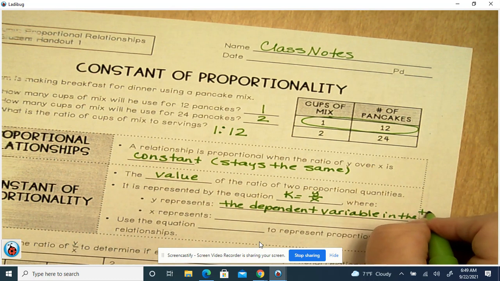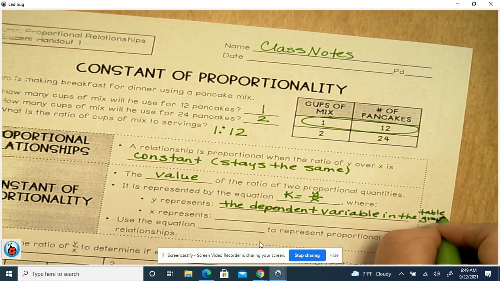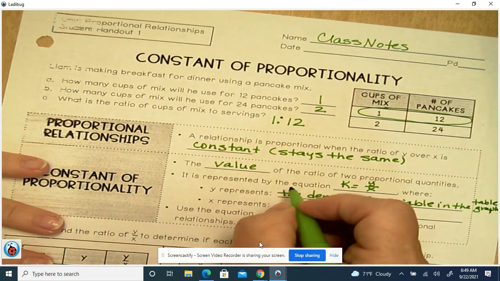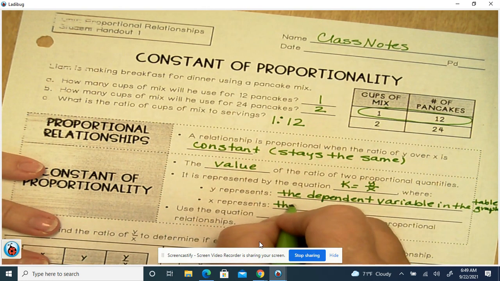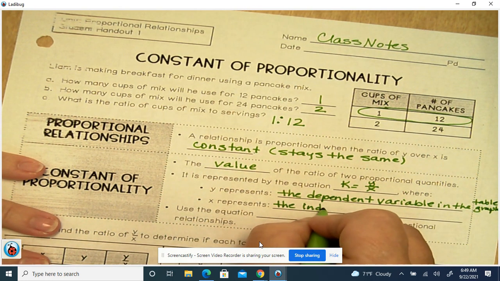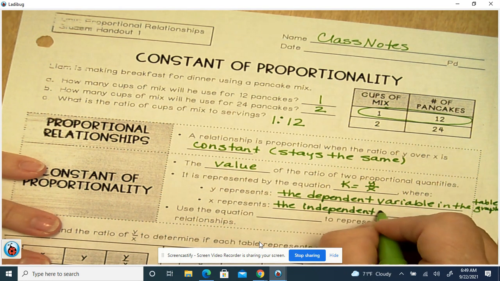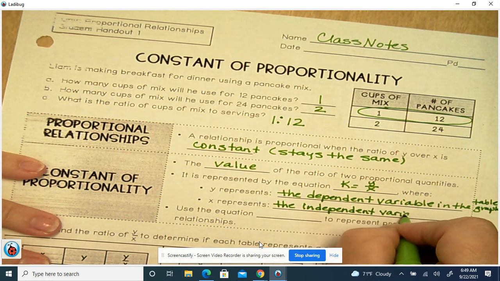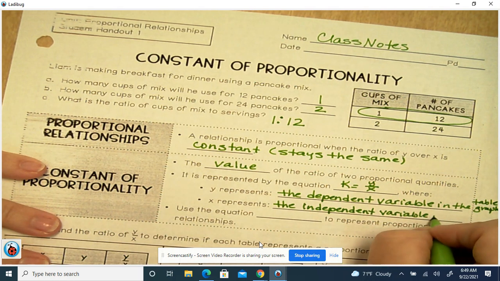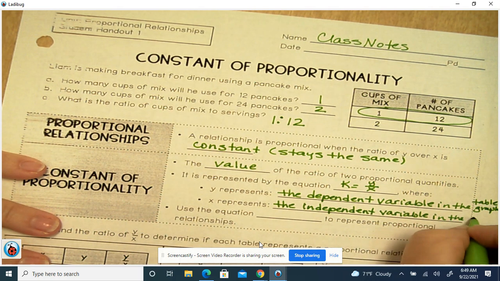And then the x represents the independent variable in the table or graph.